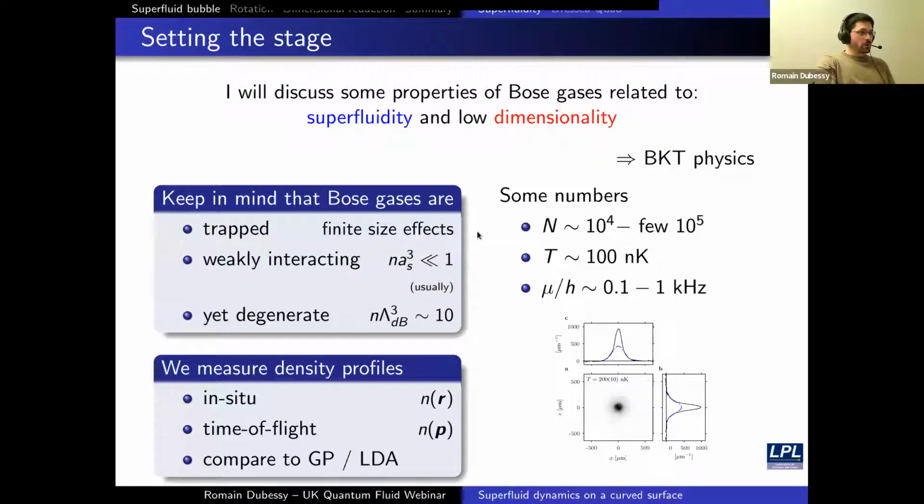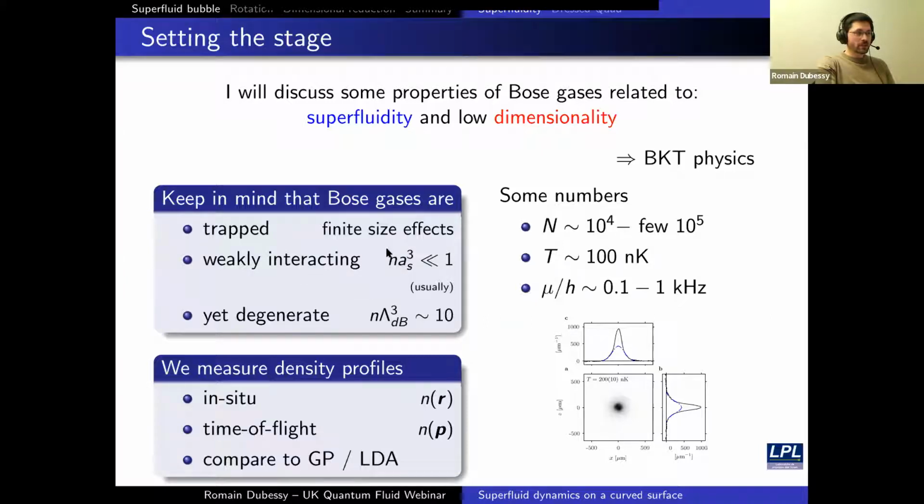And I want to also say that I will discuss trapped systems, so systems where there are significant finite size effects, and also Bose gases that are always weakly interacting.